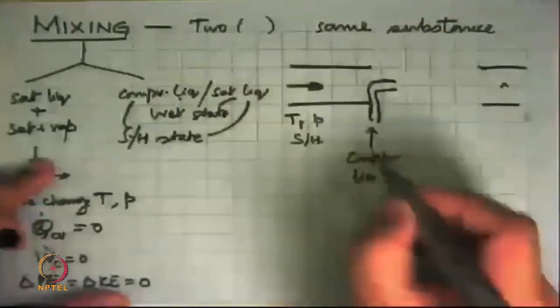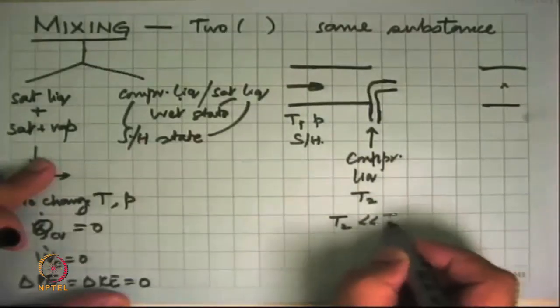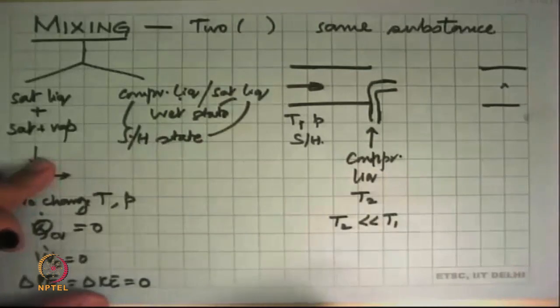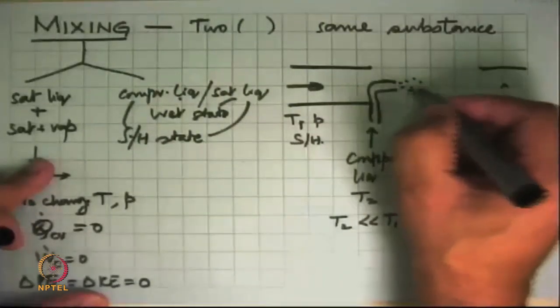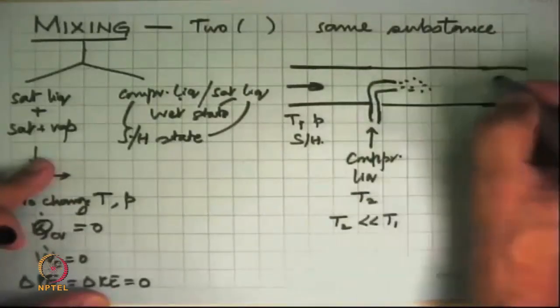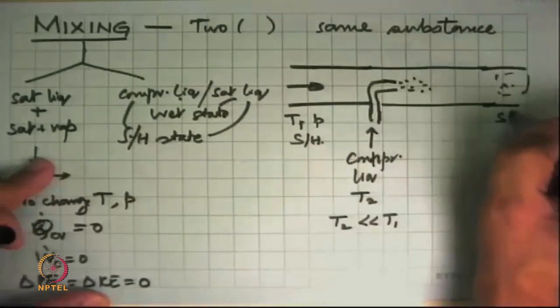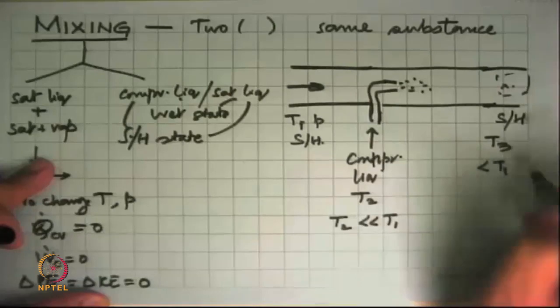So this is at T1, this is at temperature T2. T2 is very much less than T1. We inject very small amounts of this, it comes out as drops, and after a while it evaporates and mixes and produces superheated vapor over here, whose temperature T3 is less than T1.